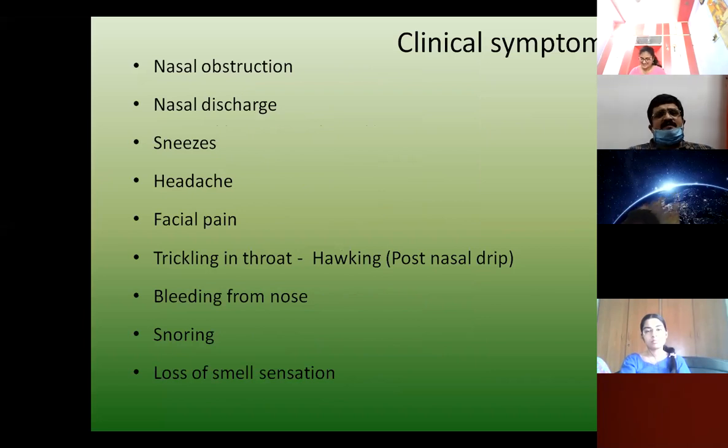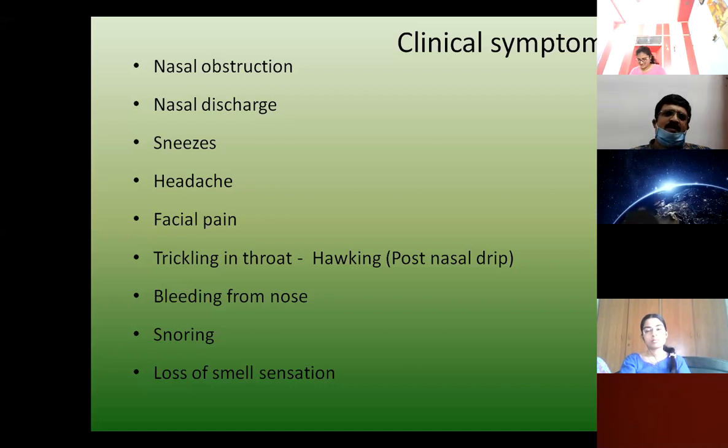So whenever a case of nose comes to you, you have to be alert to take the history under the following subheadings. Suppose a patient has come to you with complaints of nose block, nasal discharge, sneezes, headache, facial pain, trickling or hawking sensation in the throat, bleeding from the nose, snoring, and loss of smell sensation.